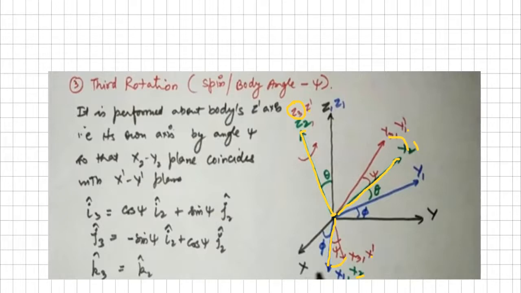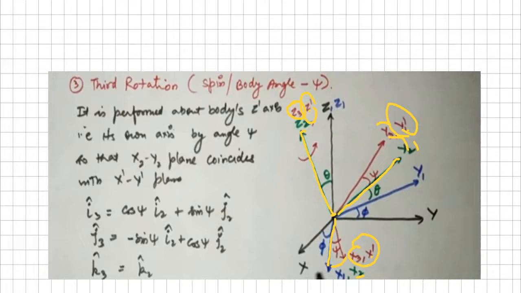But see clearly what we got: our z3 has reached our z dash position, our y3 has reached our y dash position, and my x3 has reached the x dash position.